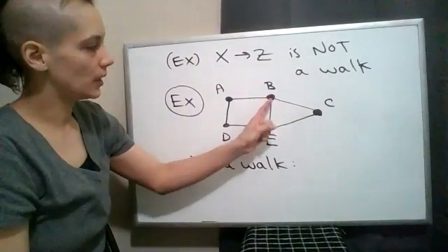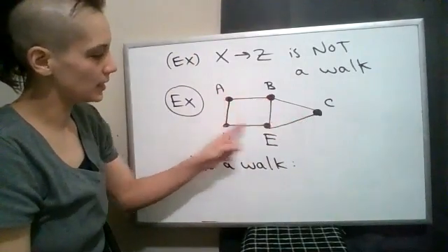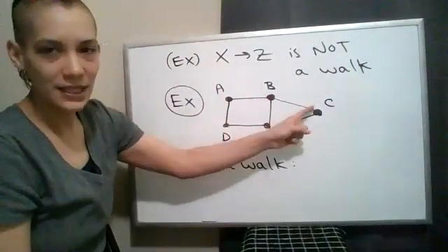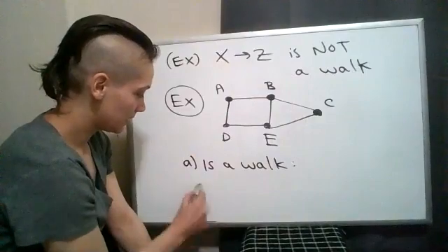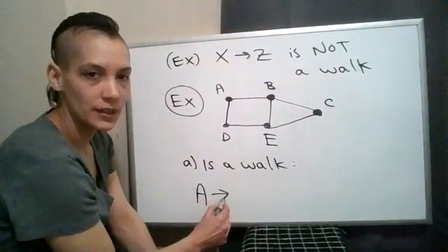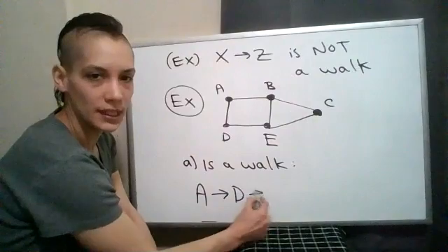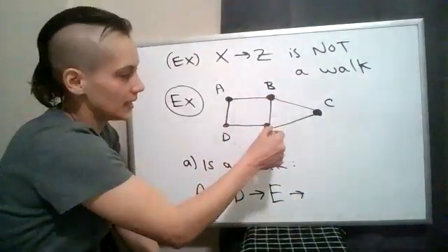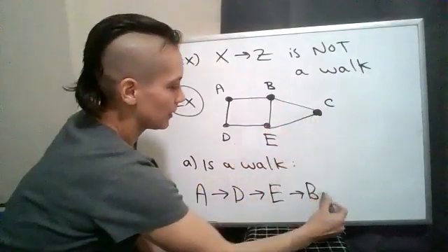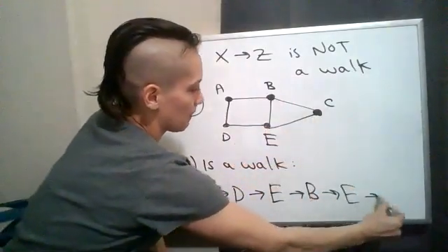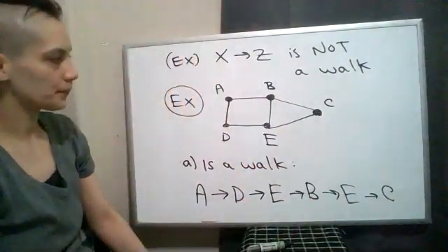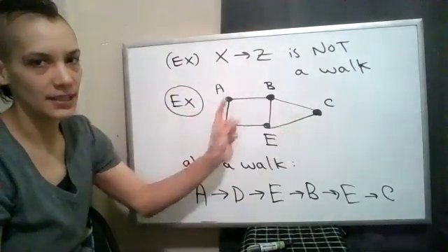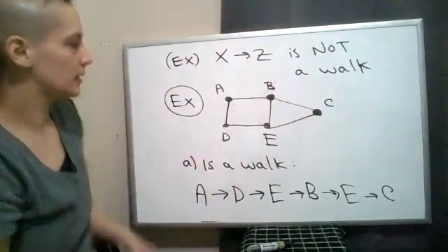So we can go A, D, E, B, E, C if you want to. A over to D, which goes to E. Then I went to B, and I wanted to go back to E and over to C. Okay, something that is not a walk would be like A, C, skipping over that part right there.